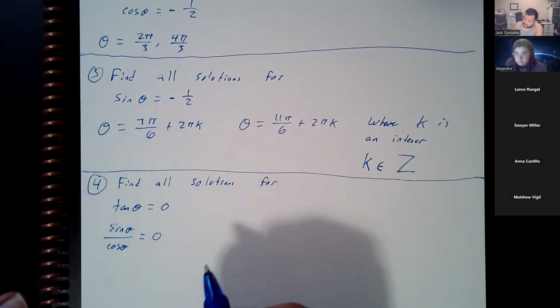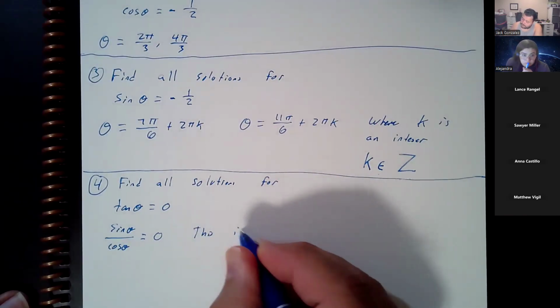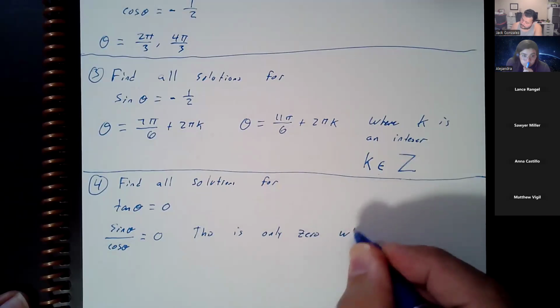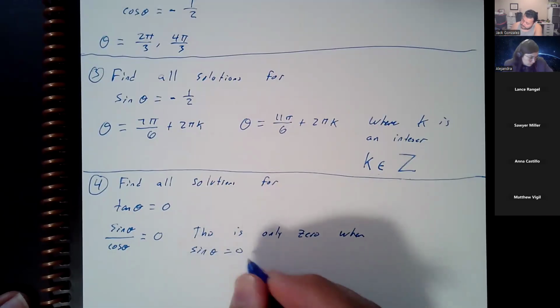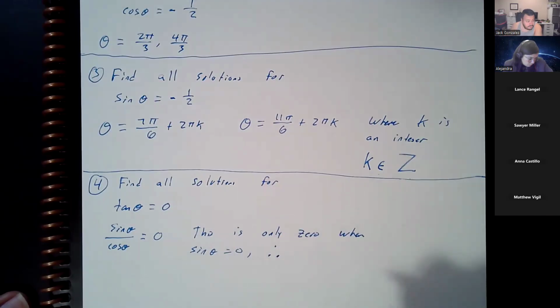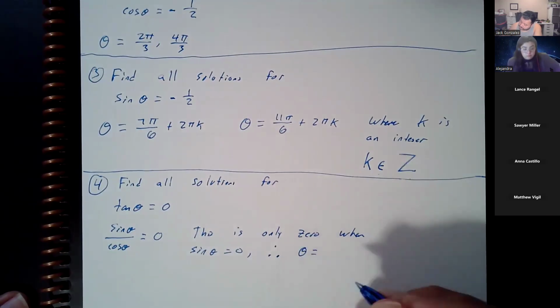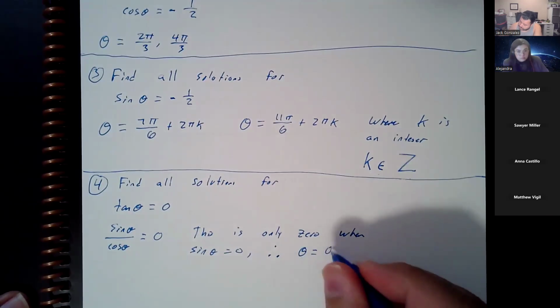So the solution is only when sine theta is equal to 0. There's another math symbol. Therefore, theta is equal to 0 and pi.